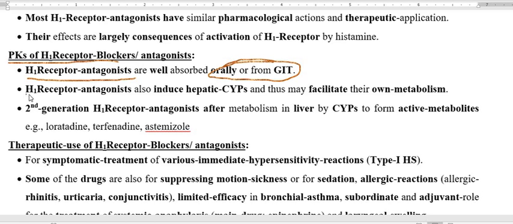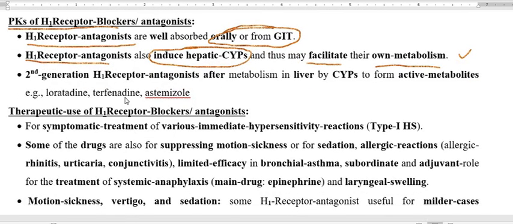Not only that, they also induce the enzyme present in the liver, the metabolizing enzyme cytochrome P450. So an H1 receptor antagonist not only antagonizes the action of histamine on the receptor, but also induces cytochrome P450 and facilitates its own metabolism. So this is very important.